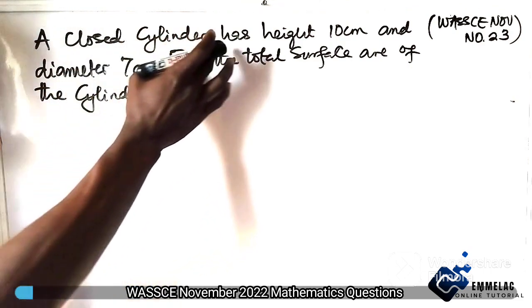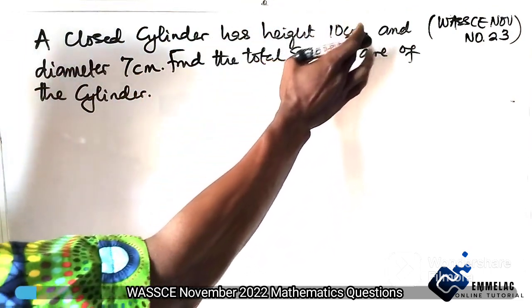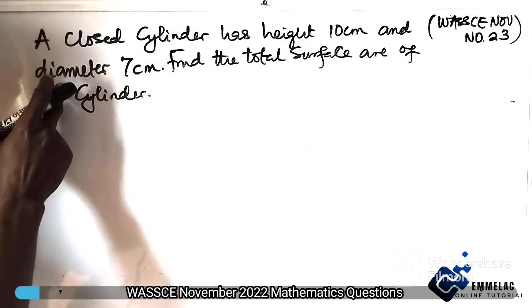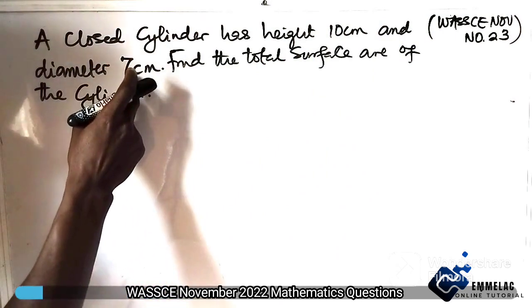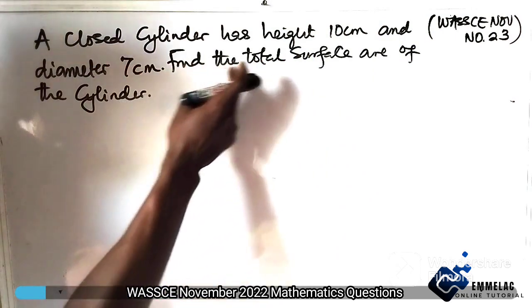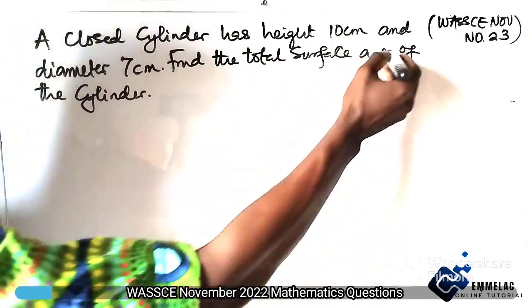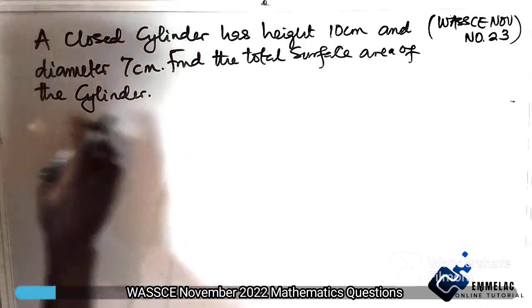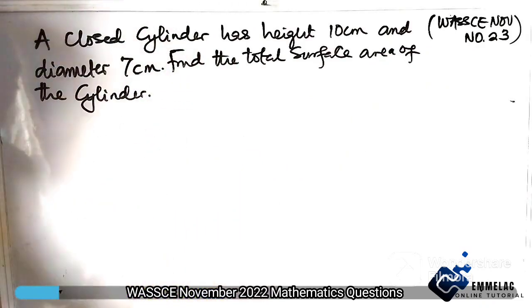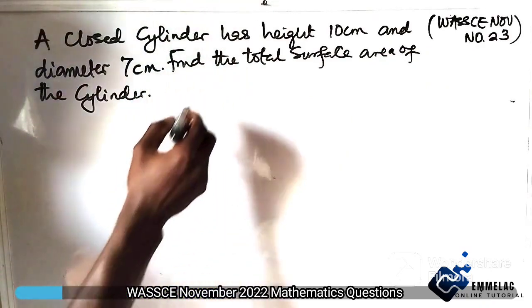A closed cylinder has height 10 centimeter and a diameter of 7 centimeter. Now find the total surface area of the cylinder. Alright, we know that the shape of a cylinder is given as this.